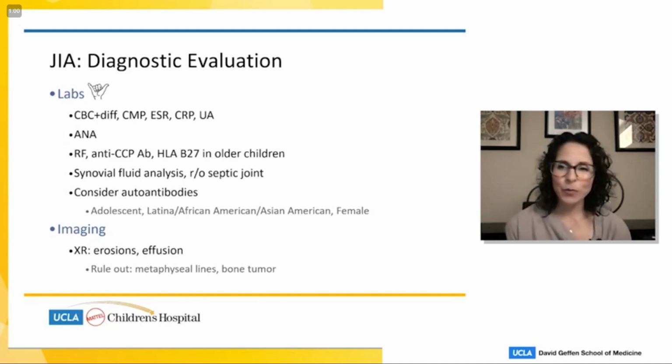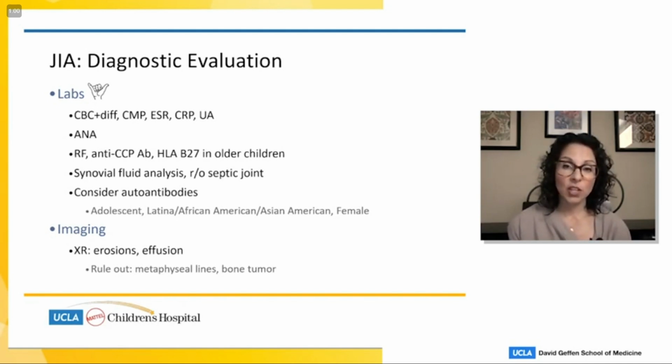I would check an ANA for reasons we'll discuss in a little bit. Rheumatoid factor in the older child, as well as anti-CCP antibody in the older child, as well as HLA-B27. If there's a concern about septic joint, you must get synovial fluid analysis, especially in the monoarticular disease.